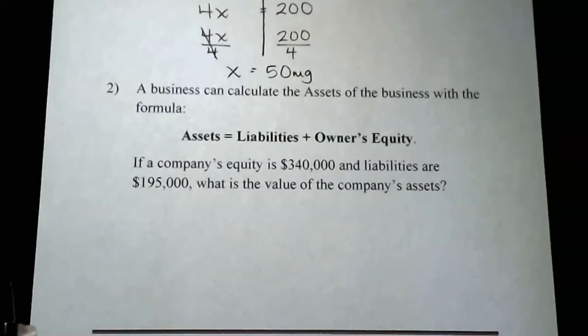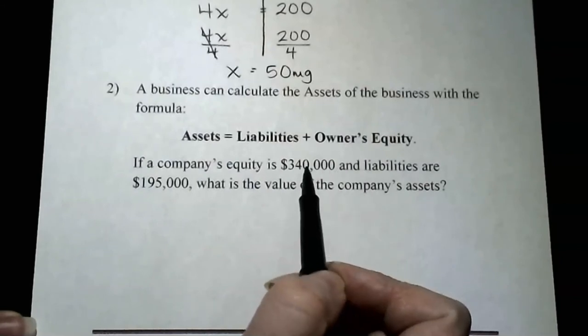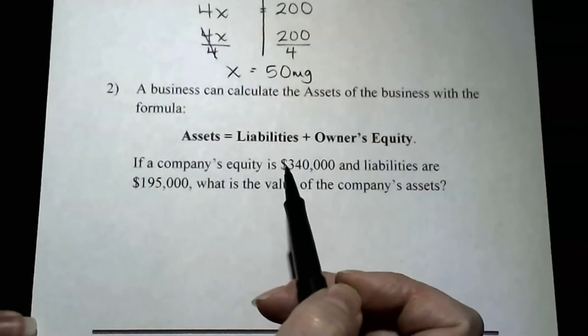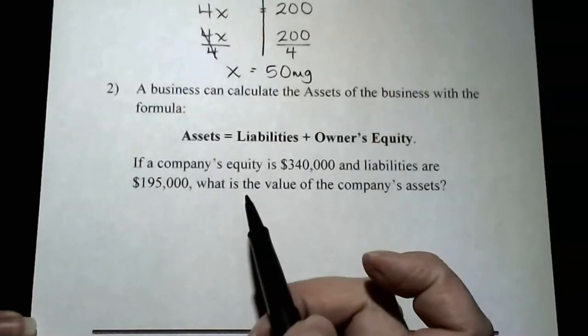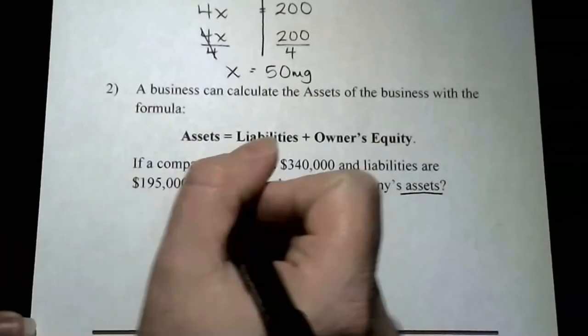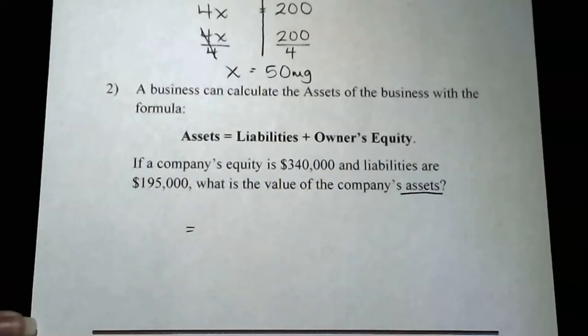This is a case where you have an equation and you're given numbers to evaluate the equation. So we're just going to substitute in and solve for what they're asking for. They want the assets. So the assets is what we don't know.